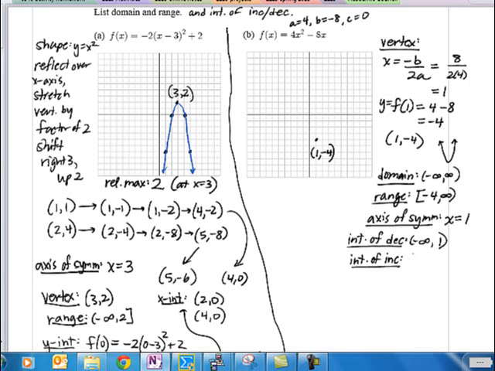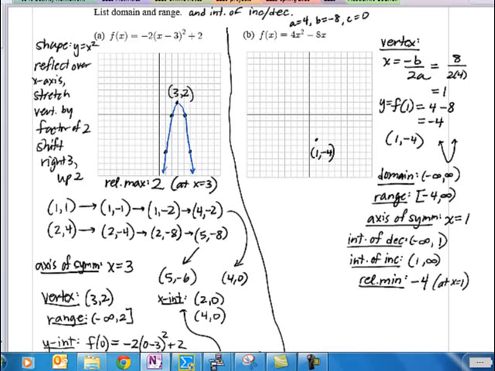We can say there's a relative min at that vertex point. So the relative min is negative 4. It happens at x equals 1. And then from there we need to do some work, but all of that information we get from the vertex.